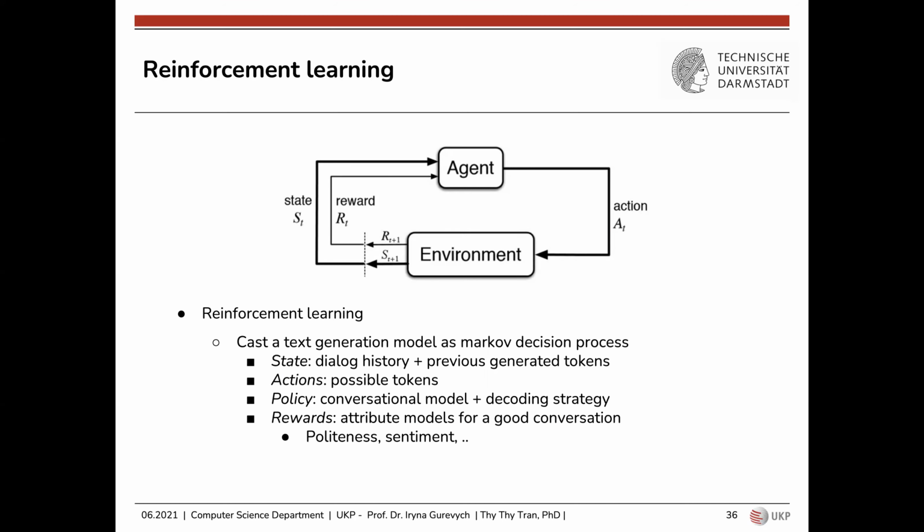An action is the next token to be generated. The rewards are often provided by attribute models, or they can be some types of metrics, such as similarity scores.